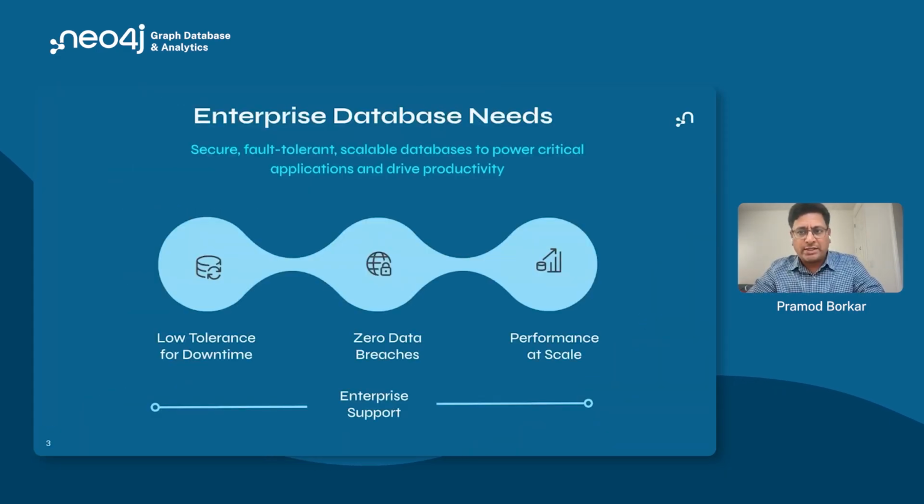So before we dig in, let's set the stage by talking about why enterprises need graph databases, and what modern database requirements look like. In today's environment, enterprises have a very low tolerance to downtime. Any outage translates directly to lost revenue, and this is true across any industry today.